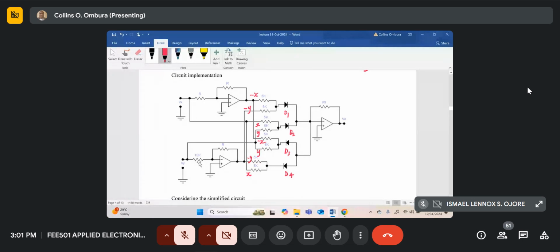The circuit is the same, so it will be inverted. The output of the bottom op-amp is minus Y. So minus Y goes up over here through these two resistances of 5K, 5K. This is for adding before going to the forward current of this diode D1.